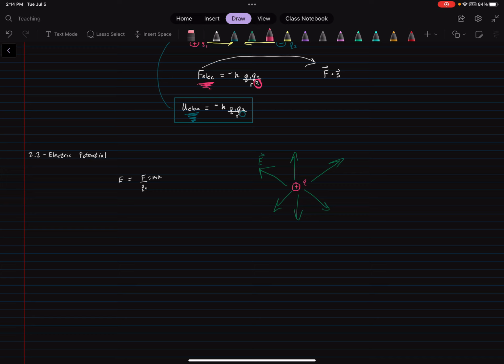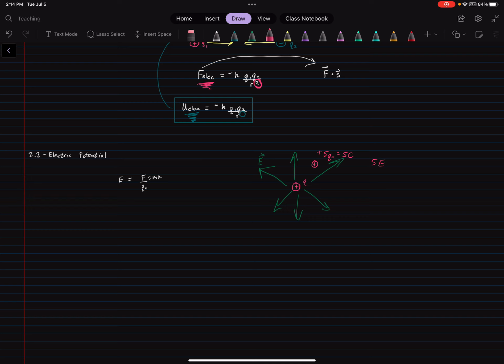So in other words, if we were to drop some point charge like plus 5 times Q naught, equal to 5 coulombs, so this is some positive charge, you know that the force that it would experience is equal to 5 times E.